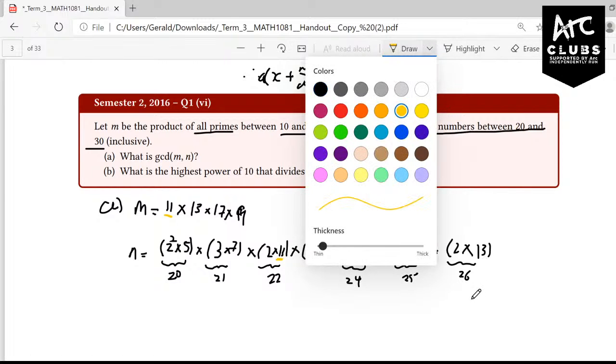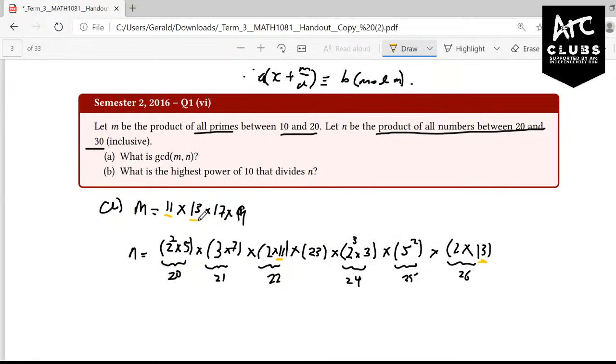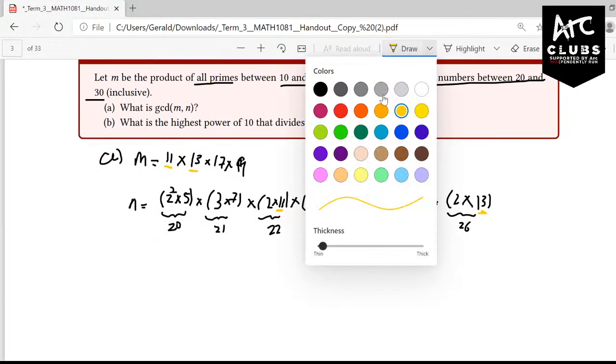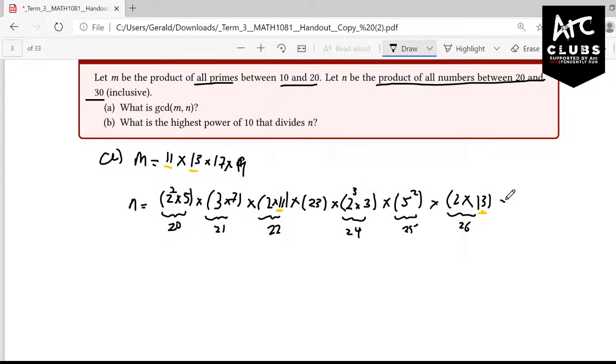So we have a 13 here and we have a 13 here. So let's keep going. So the next number is 27, but that's just 3 cubed. So we'll write it like that. And that's just 27. 28 is 4 times 7. 4 is 2 squared.